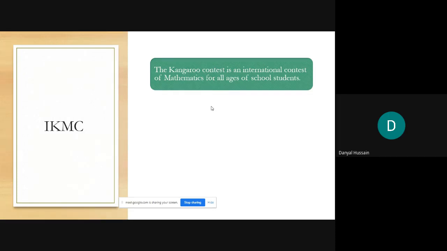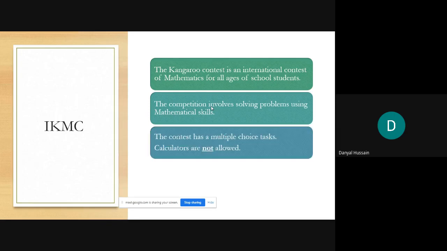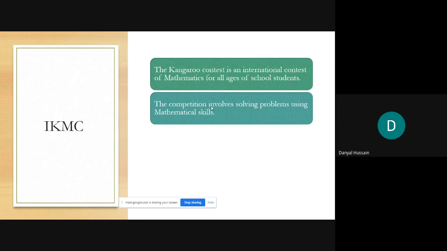Right now, we have grade 6, 7, and 8 here. The competition involves solving problems using mathematical skills. So if you have strong mathematical skills, you can win this contest. But if you don't have strong mathematical skills, don't worry, we can do practice. A lot of practice will make your concepts stronger and stronger.